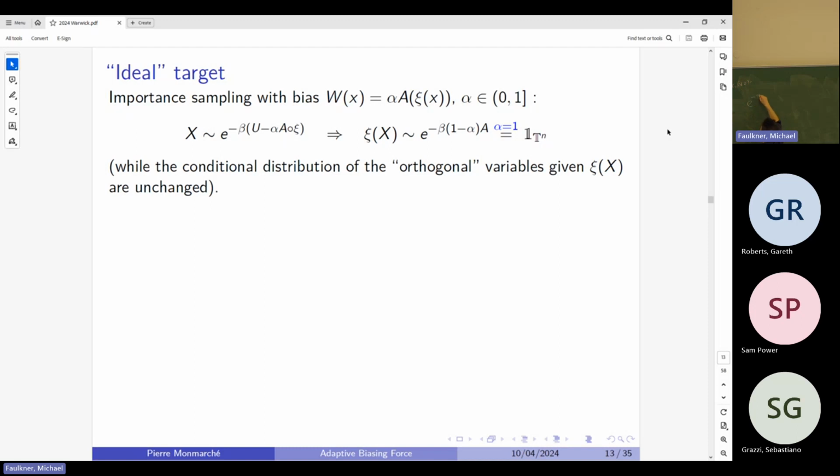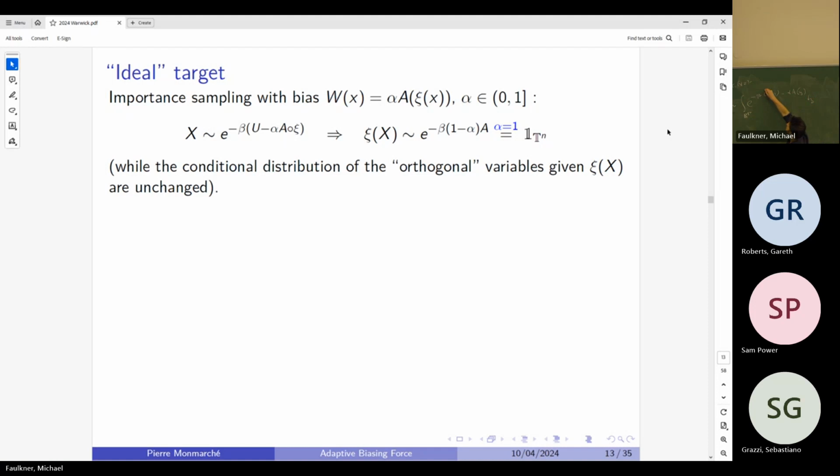So you have exponential of minus beta times U of (y, z) minus alpha A of y. This is the new target distribution. And when you take the marginal law for y, you integrate this with respect to z.